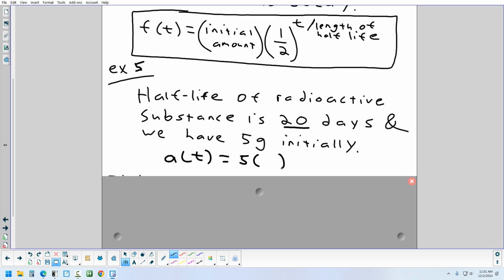After that, normally in a decay problem, 1 minus r. But I didn't give you a percentage because I used that word. What's going to go in the parentheses? Yep, that's going to be a 1/2. And what's the exponent going to be? T divided by 20.